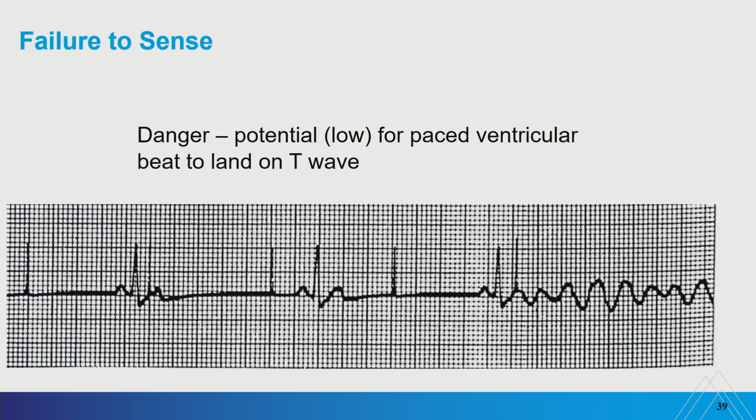Should it have fired here? No, what should it have done? Sensed, so it failed to sense. How would I fix that? Okay, so it went on and on for a period of time. Eventually, I had an R-on-T that put me into VFib. How would I fix that? Compressions and shock the patient. Turn the pacemaker off for right now.